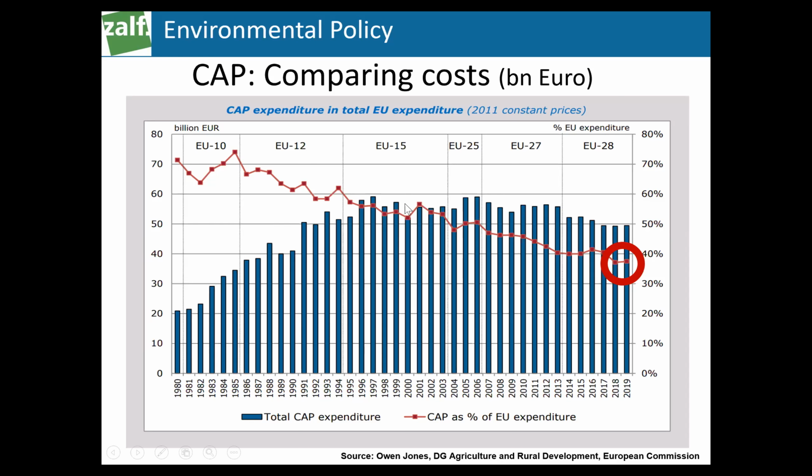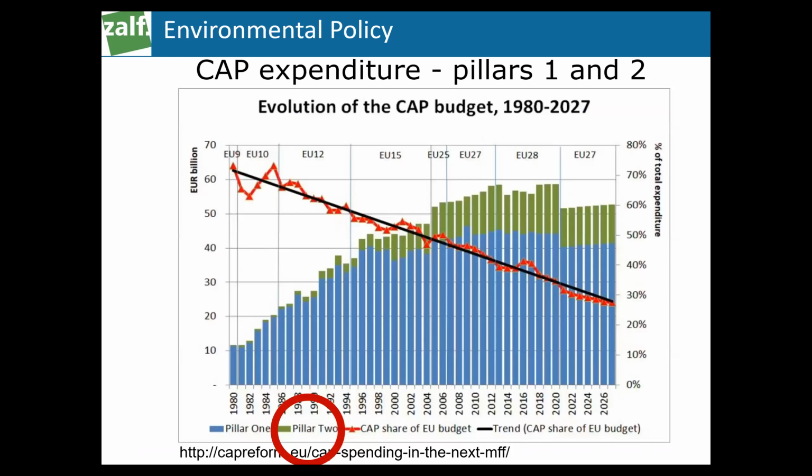It is, of course, slightly shrinking, but we have more and more members in the EU system, from 12 to 28. That means per country, and of course on average, it is also in relative terms shrinking. It is now below, in 2019, below 40% of the total budget that is used for a common agriculture policy.